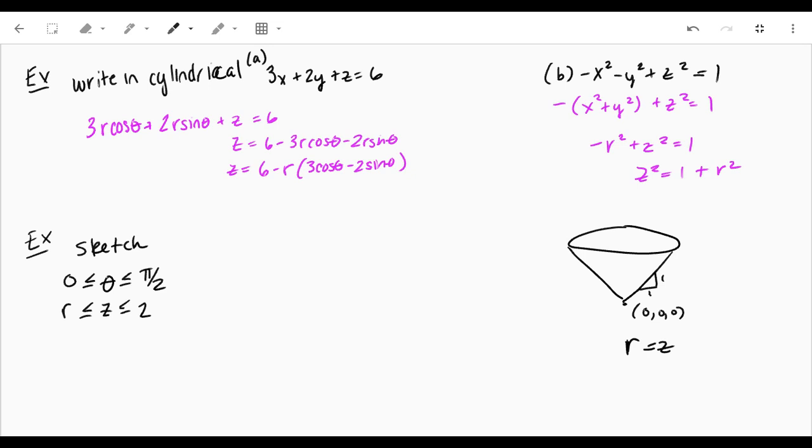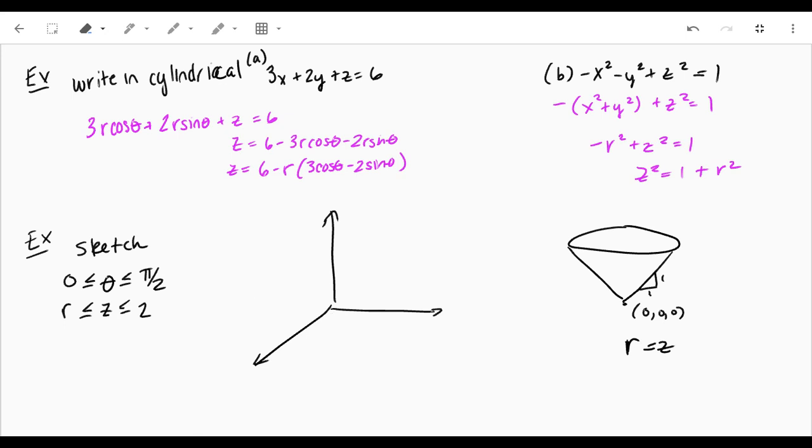Okay, so if theta is between 0 and pi over 2, that means that we are only in, oops, I made them all solid here. Kind of don't like doing that, like the dashed. Hold on, sorry.